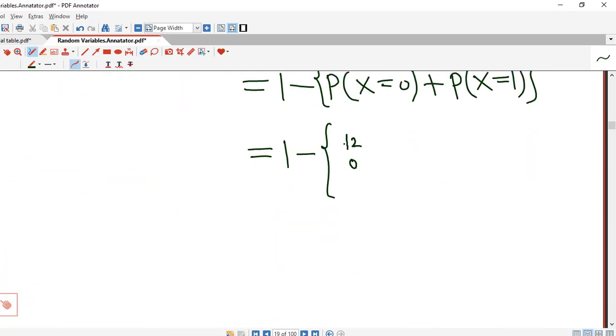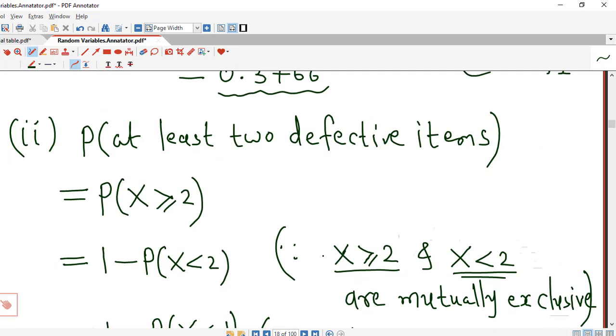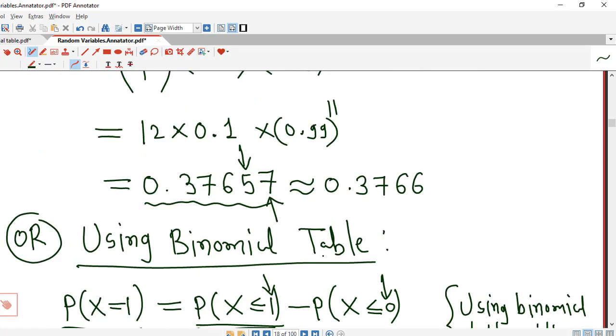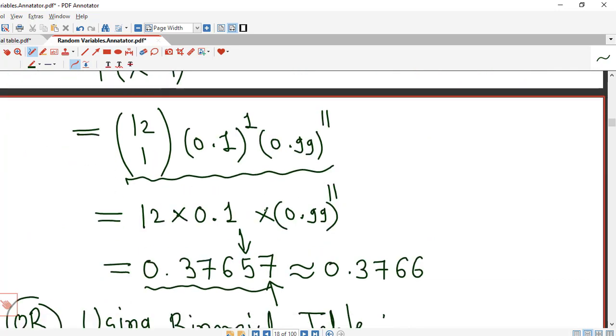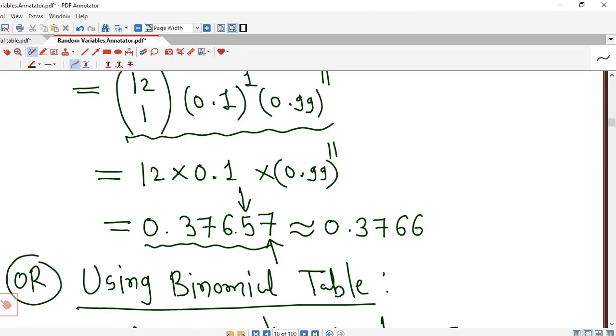So 12C0, 0.1 raised to 0 and 0.9 raised to 12, plus probability that x equal to 1. This we have calculated in part 1: 12C1, 0.1 raised to 1, 0.9 raised to 11, so that is 0.37657.